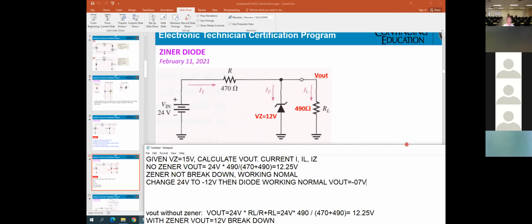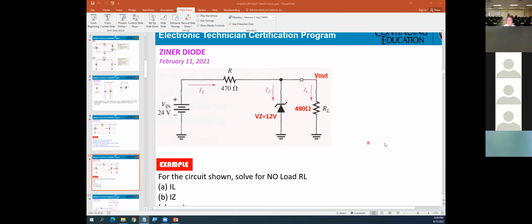So that will be telling you all of the situation applied to the zener. I hope when you run into any problem, you're able to do it.